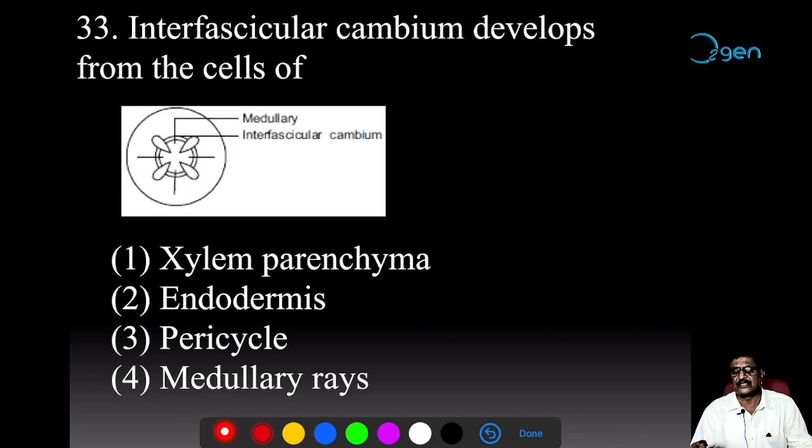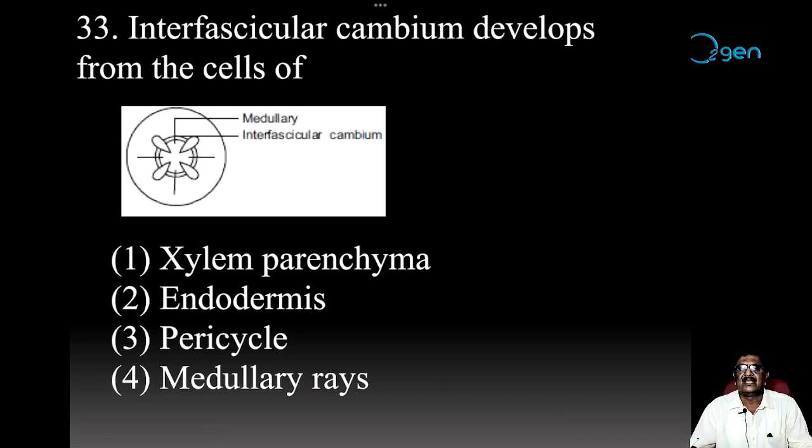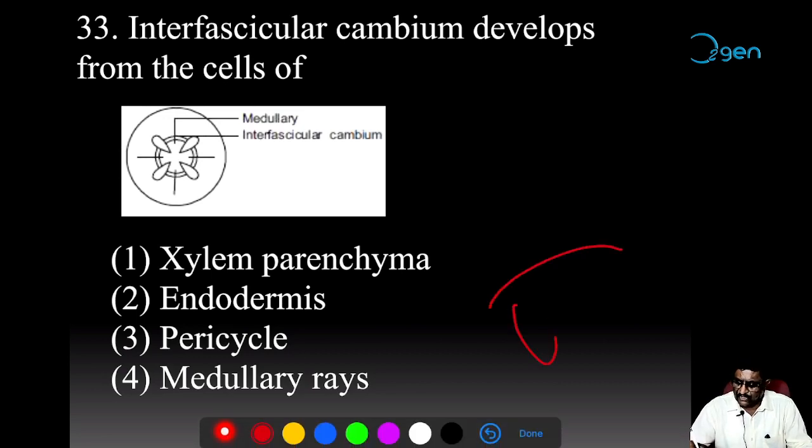33rd question. Interfascicular cambium develops from the cells of... So here, intrafascicular cambium, that means in the dicot stem there are vascular bundles. Here is a phloem and xylem.